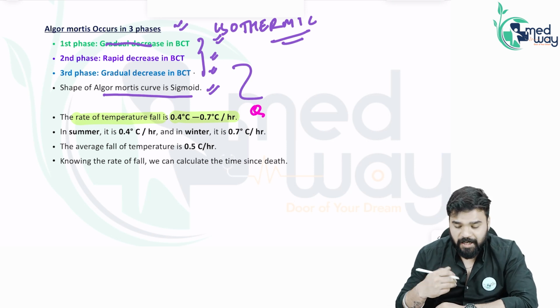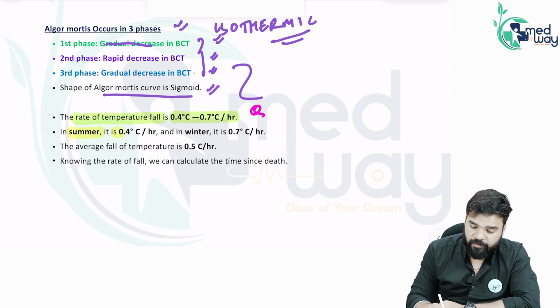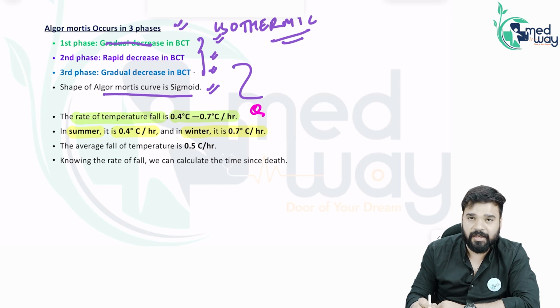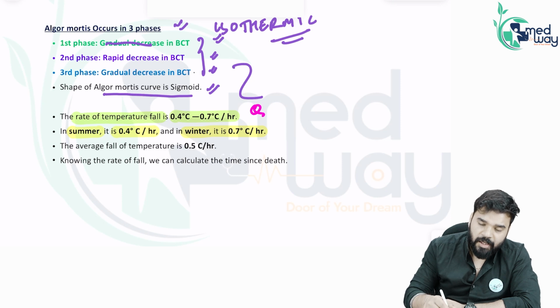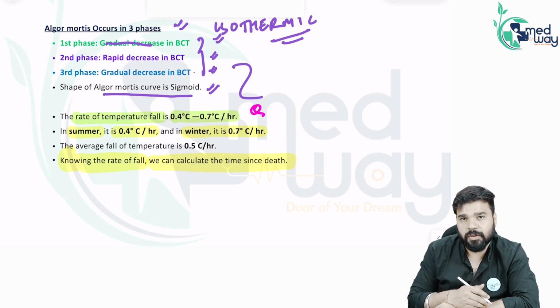In summers, it is 0.4 degrees Celsius per hour, and in winters it is 0.7 degrees Celsius per hour. If we know this rate of fall, we can calculate time since death easily. So this is also used to determine time since death.